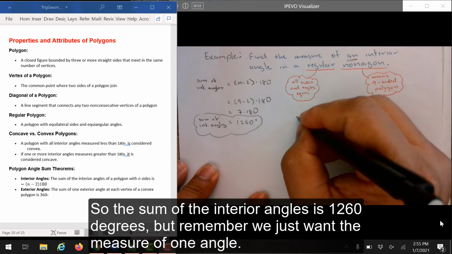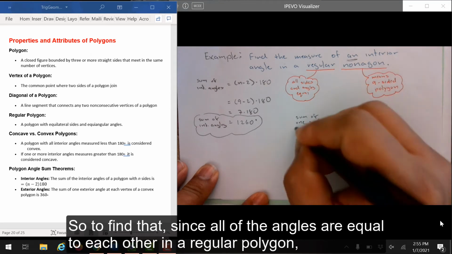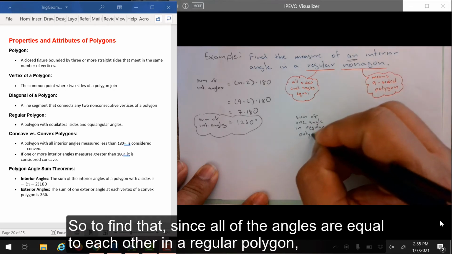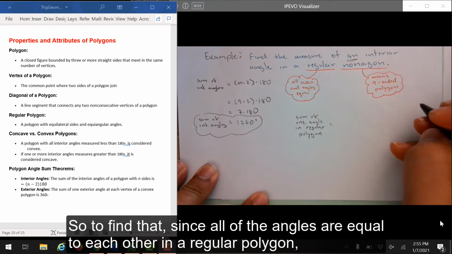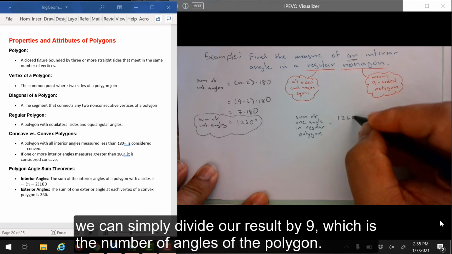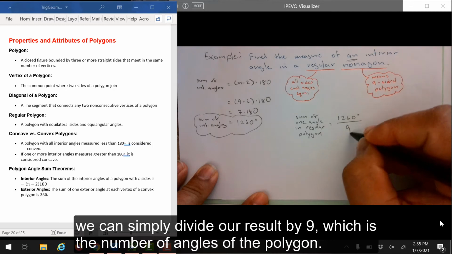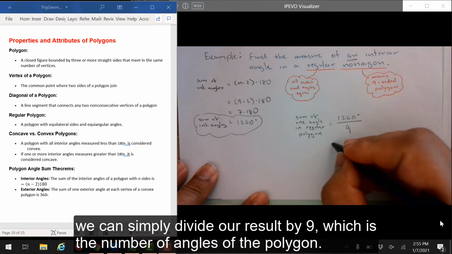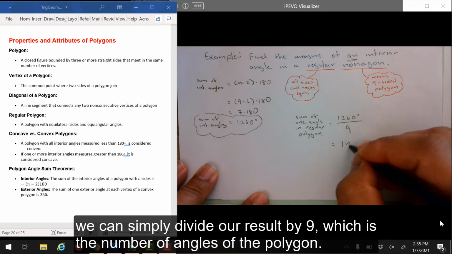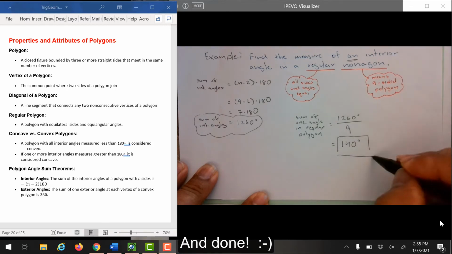But remember, we just want the measure of one angle. So to find that, since all of the angles are equal to each other in the regular polygon, we can simply divide our result by 9, which is the number of angles of the polygon. And done.